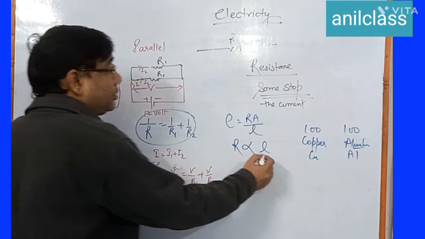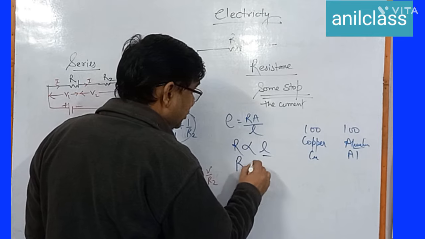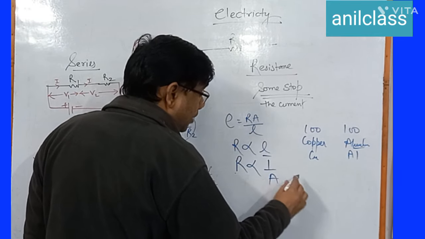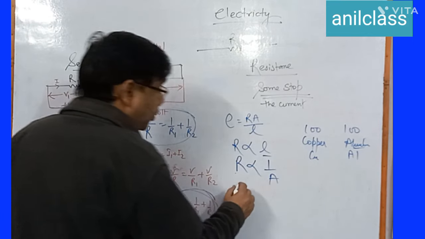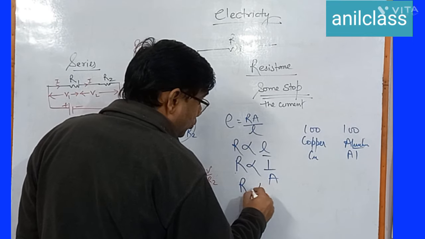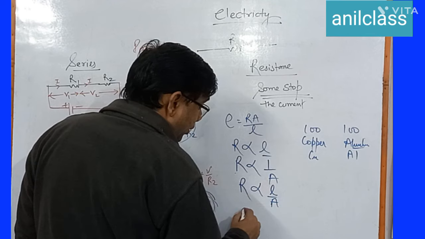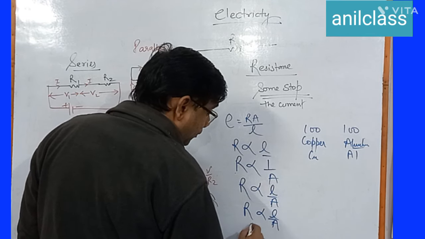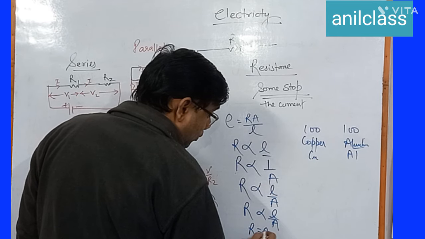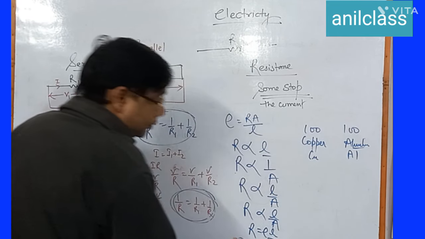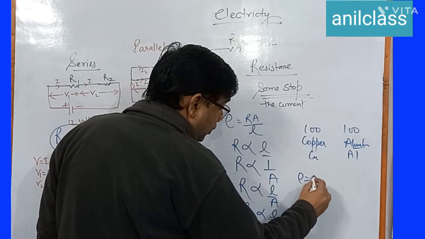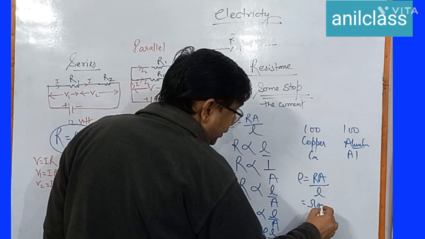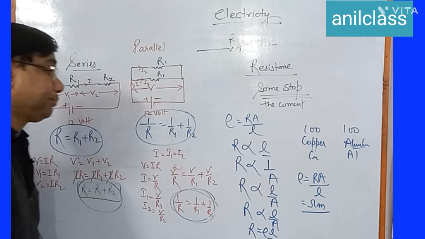So resistance depends on length and resistance depends on area. So resistance is proportional to L upon A, and with the proportionality constant rho, R is equal to rho L upon A, so rho is equal to RA upon L. The unit is ohm meter, my friend.